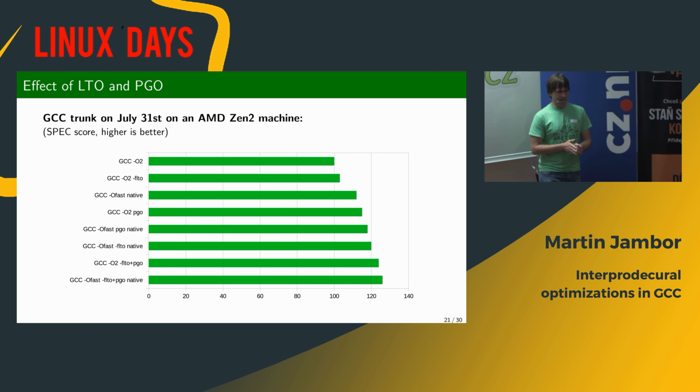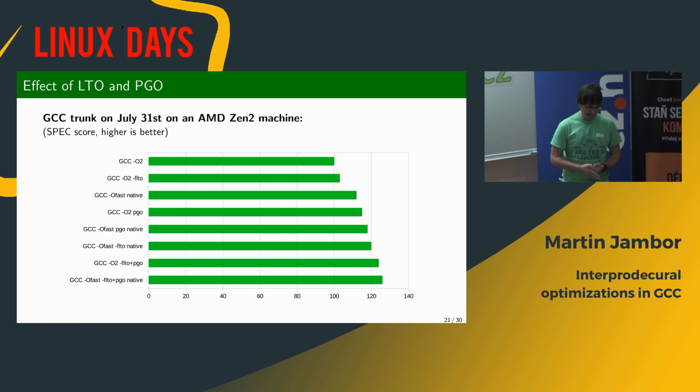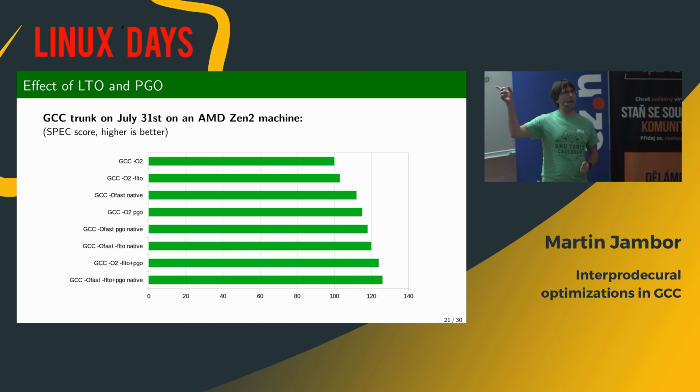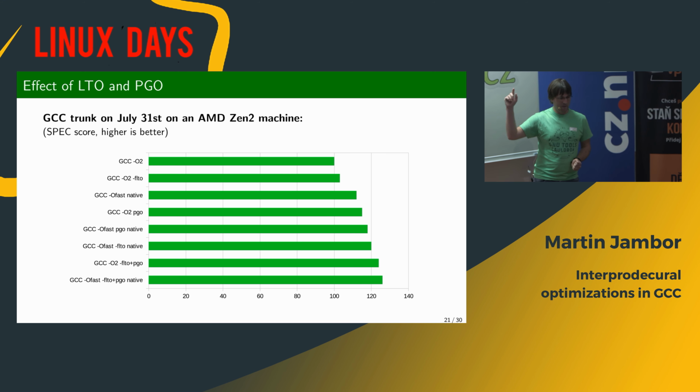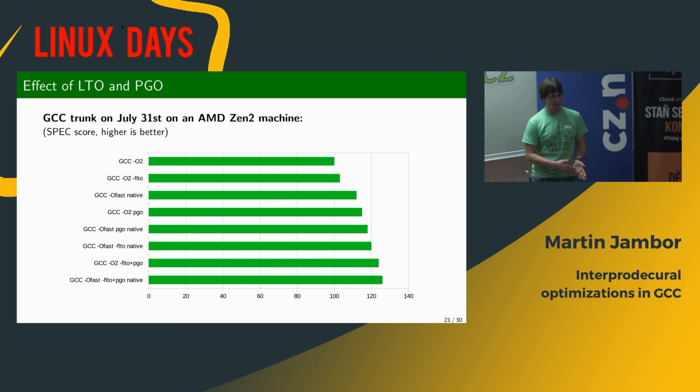If we have a look at SPEC 2017, SPEC int, this is the SPEC score, so higher is better. And we take what happens at -O2 as the 100. You see that at -O2, if you just use LTO, you get a little bit of speedup.